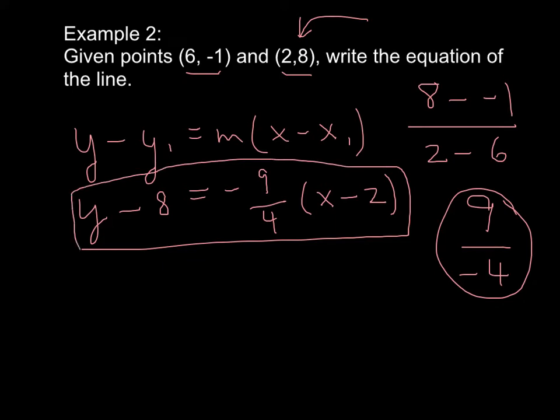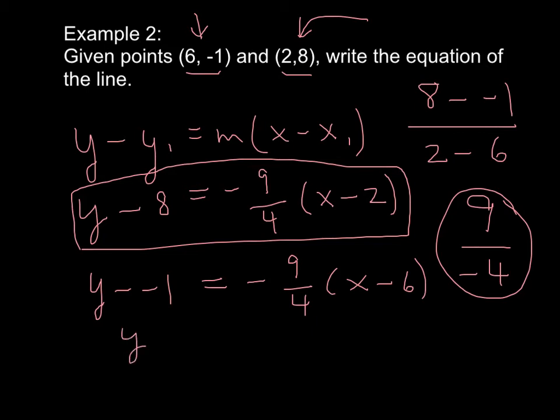I could have just as easily used this point right here instead. If I had, I would have written y minus, and I would have chosen the y-coordinate of the other point is equal to the slope. The slope is the same, times x minus 6.